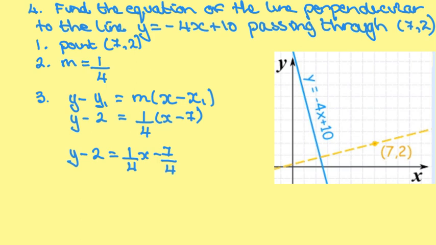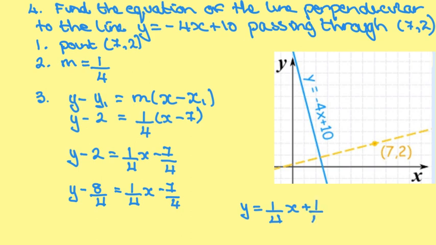Well, minus 2 is the same as minus 8 over 4. If we add 8 over 4 to both sides, we get the line y equals a quarter x minus 7 over 4 plus 8 over 4, which is plus a quarter.